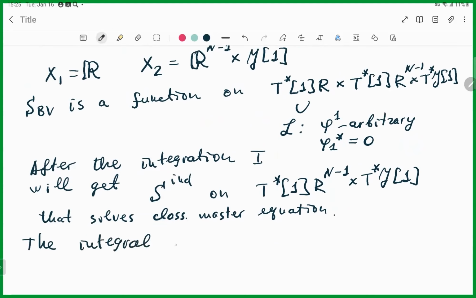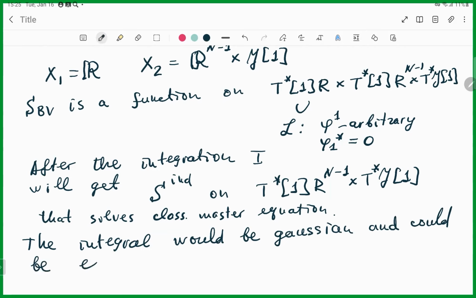The integral would be Gaussian and could be easily taken.